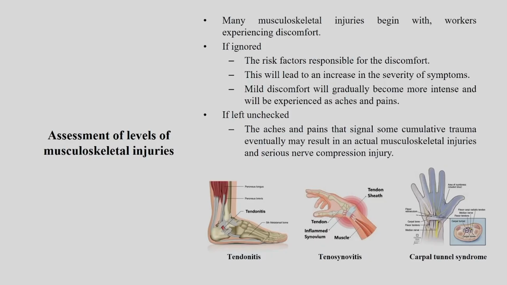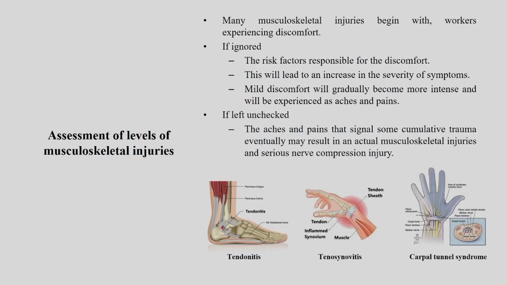If these are not checked or corrected, then these aches and pain signals will cause cumulative trauma. So small ignorance will cause a lot of problems and eventually may result in an actual musculoskeletal disorder or musculoskeletal injuries and serious nerve compression injuries.